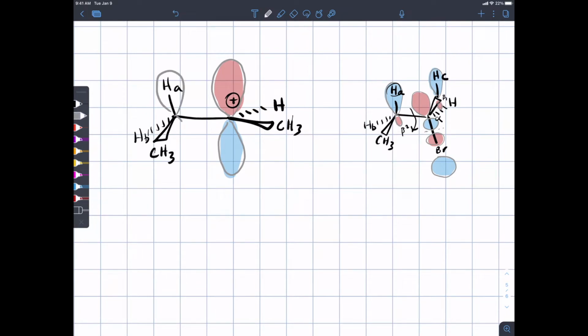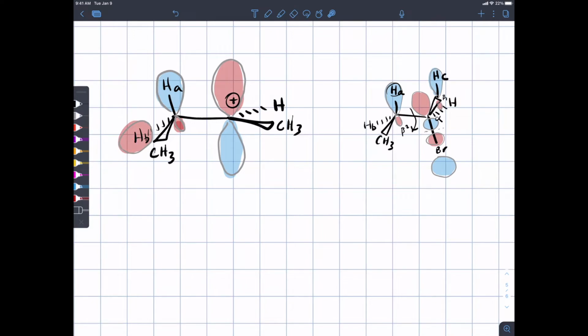If you calculated the LUMO for this molecule, I'm going to draw what you would see. Don't worry about the phase relationships, but there's LUMO on both of those.